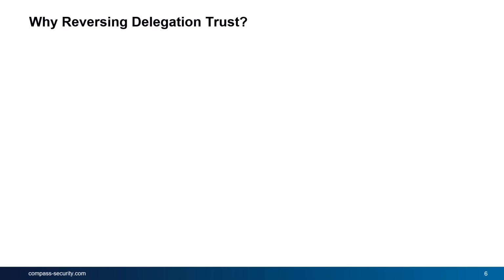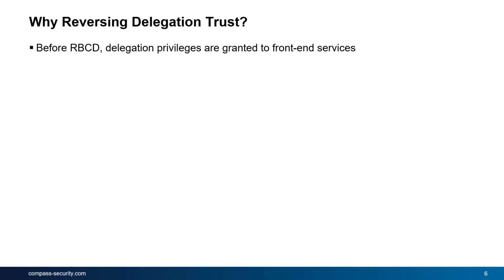Now, why has this been introduced? What's the benefit of this? As mentioned before, the delegation privileges before resource-based constraint delegation were always granted to front-end services. The back-end service, the one that is actually affected by the delegation because it is on the receiving end of the delegated rights, had no control over who can delegate to them.